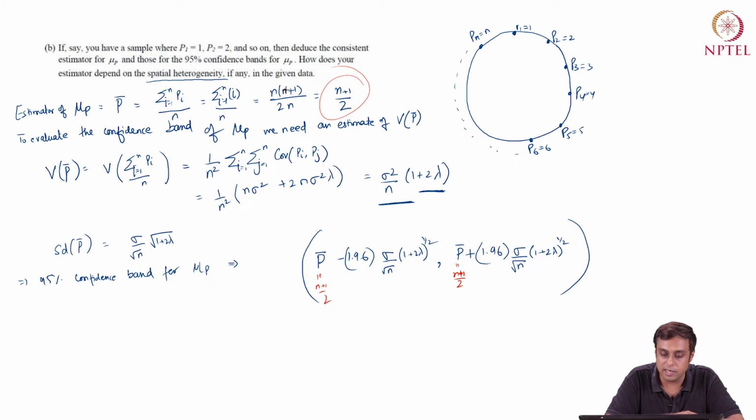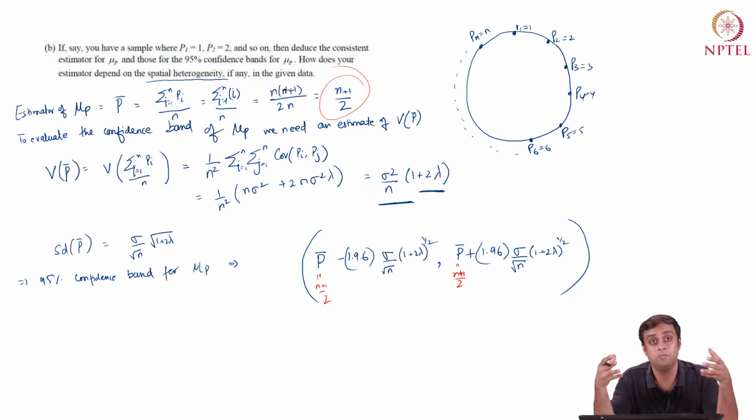Now the next question, the last part of this question, says: how does your estimator depend on spatial heterogeneity? We had said that spatial heterogeneity is a pattern which represents a long-term trend. For example, when we were looking at the real estate values across Delhi, we saw a low to high gradient from the west to the eastern part of the city, the National Capital Territory of Delhi.